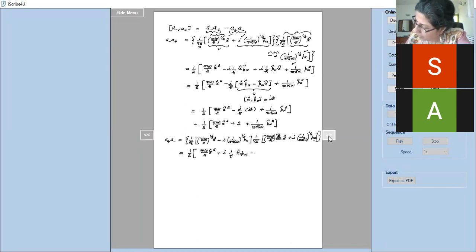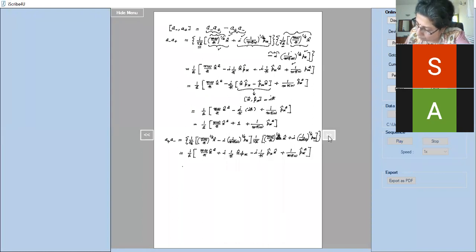Then you will get minus i 1 upon h cross px x, and then you will get lastly plus 1 upon m h cross omega px square, right?